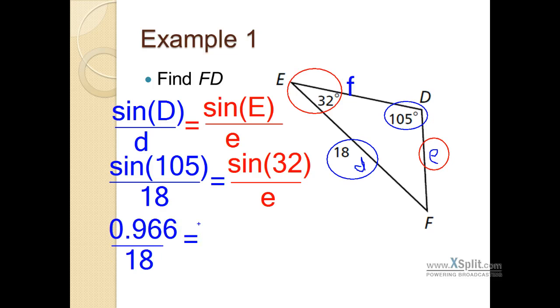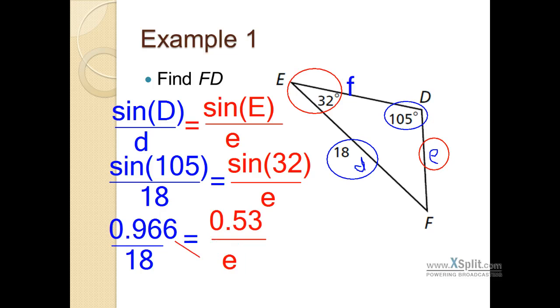Typing in sine of 32 in my calculator, if you could do that with me there, I get approximately 0.5299. We'll round that off to 0.53, over our e value.